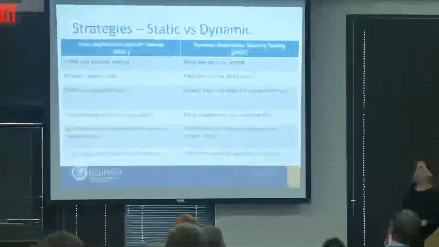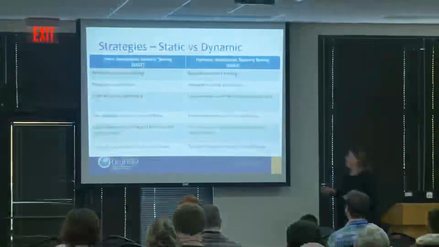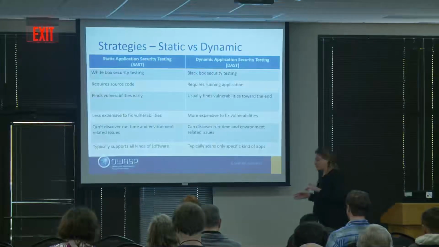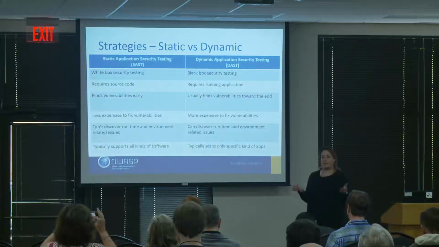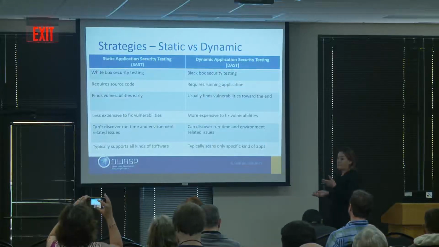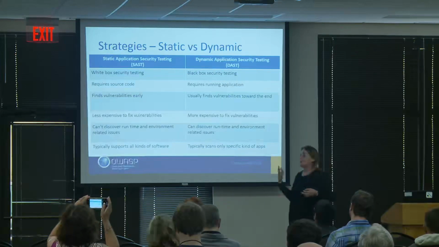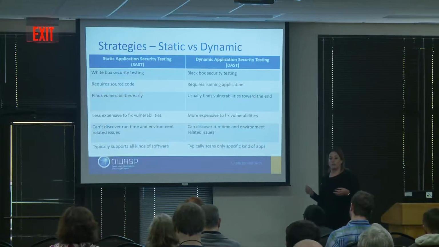So let's look at two main strategies for code testing, static and dynamic. So first is static. A static approach is a white box approach. This approach will check your code from the inside out. Obviously, it will require your source code because it's checking it from the inside out. And you will find vulnerabilities very early in the development cycle.